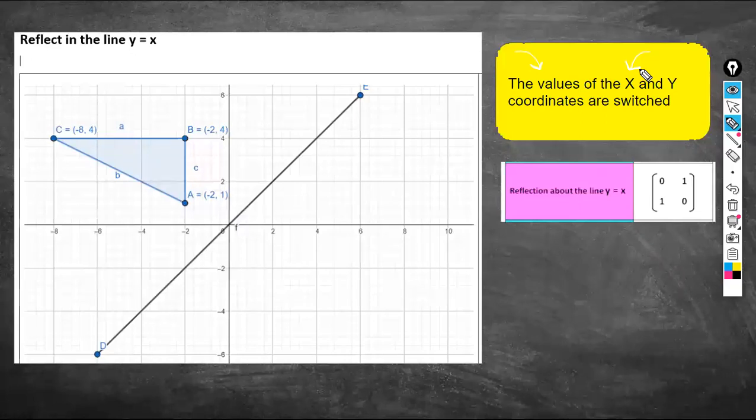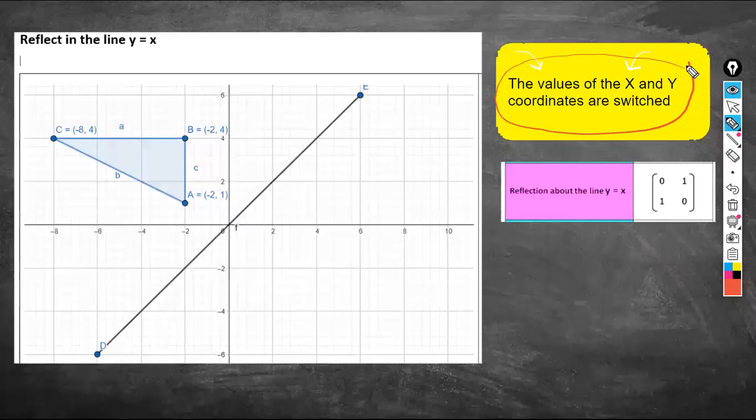What do you all think about the difficulty of that? It's not difficult at all. So I'm just saying, if the examiner were to ask me to reflect something in the line y equals x, and he didn't tell me which method to use, you could bet all your money I'm going to use the first method.